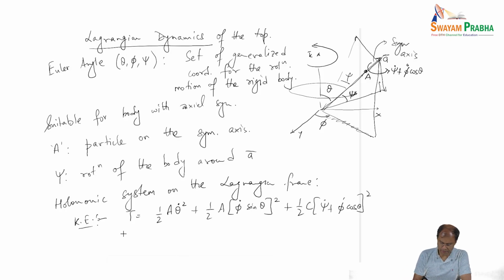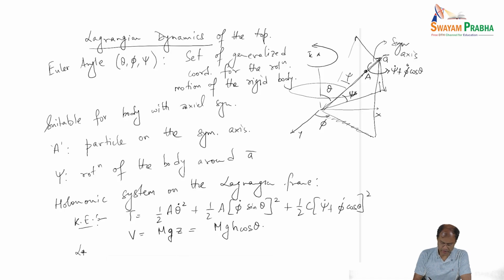And then we have V, which is mgz. So mgz implies the vertical distance from the xy plane, and this is going to be mgh cos θ.